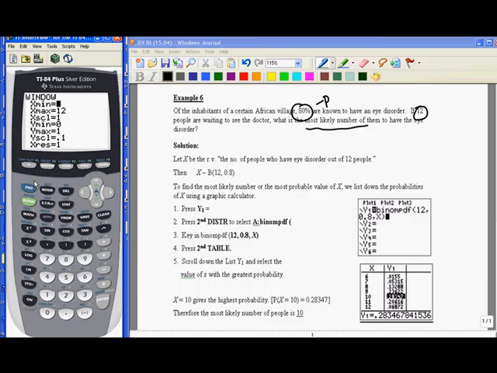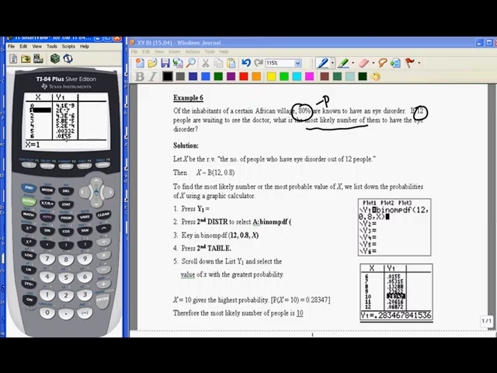And we also need to go to second window, which is our table set. The table start should begin from 0. And the increment each time for our value of X should be 1.